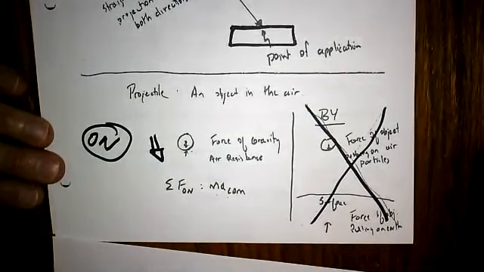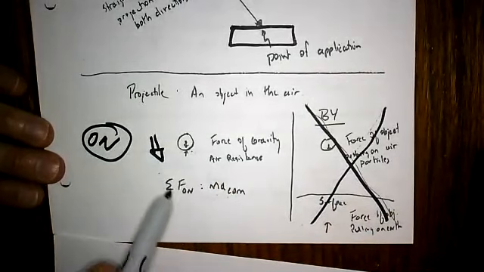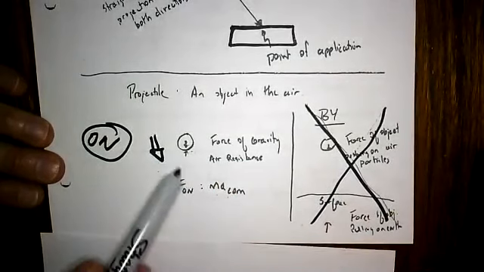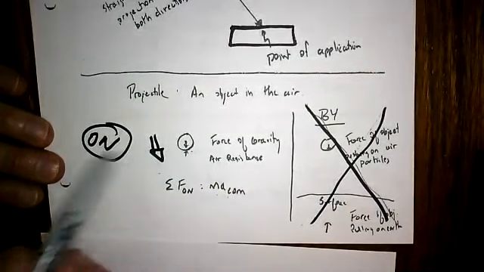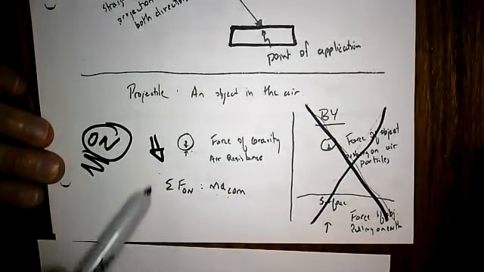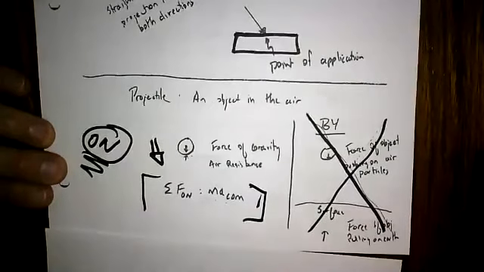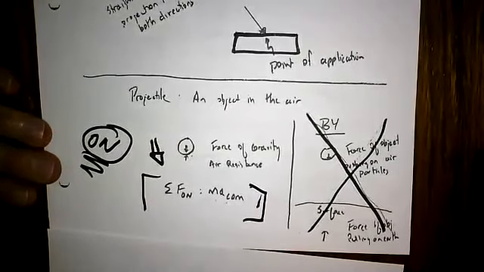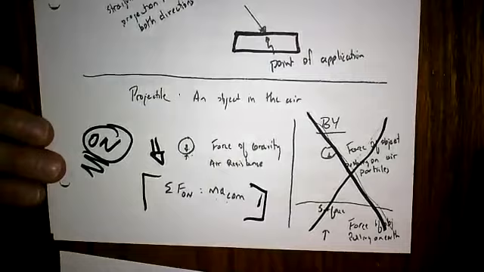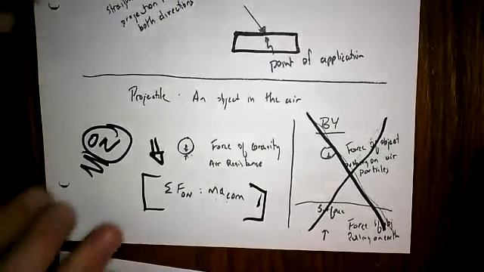Okay, but we don't need to know those forces. We don't need to concern ourselves with them, because what we need to do in a kinetic analysis is identify only the forces acting on the object and then put those forces into this equation. Sum of forces acting on the object equals mass times the acceleration of the center of mass of the object. Okay, so this is our main kinetic equation that we're going to do.